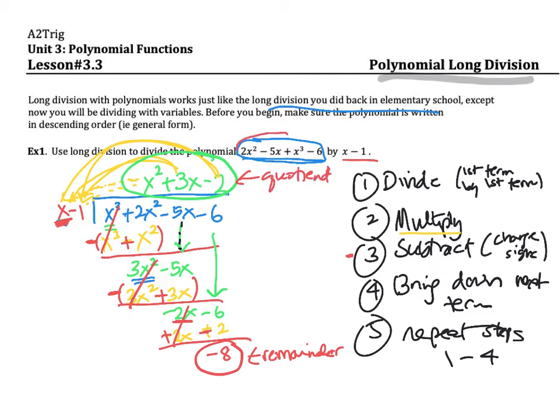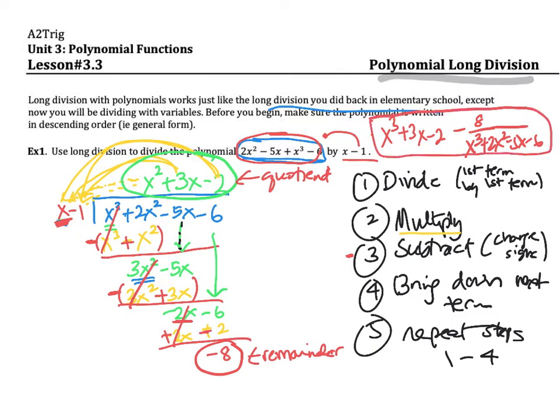It means if we took 2x squared minus 5x plus x cubed minus 6 and divided it by x minus 1, we would get x squared plus 3x minus 2 as our quotient, and then we add our remainder, but our remainder is negative, that's why I'm subtracting, which would be 8 over what we divided by. This is essentially what we would get if we did that long division. This is our quotient, this is our remainder, this is our dividend.